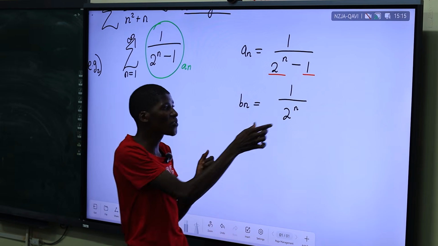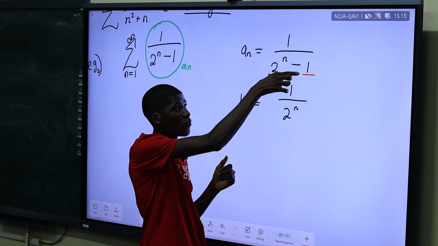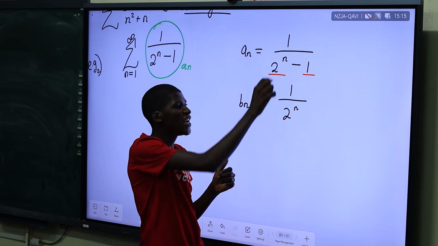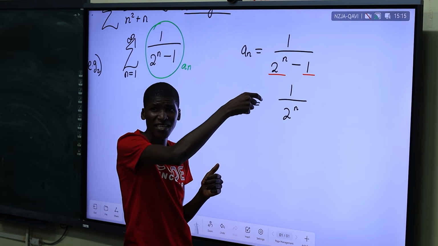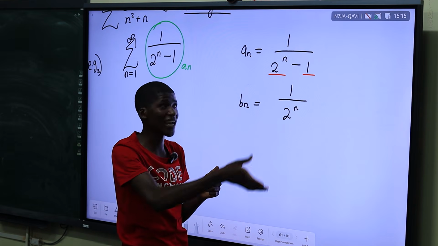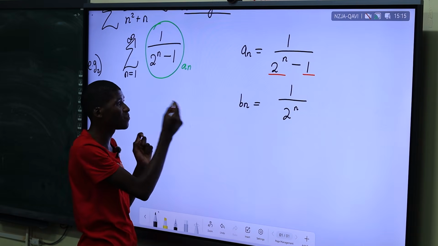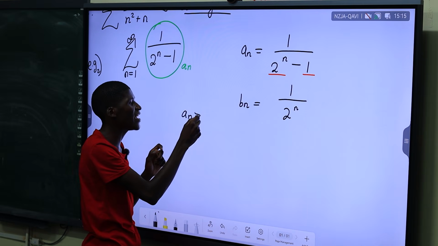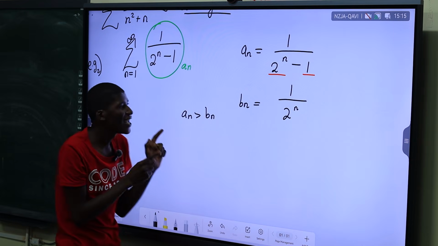So this one will always be the bigger denominator, and this one will always be the smaller denominator. If this is a bigger denominator, then BN, the entire fraction, becomes a smaller fraction than AN. So we can say that our BN is smaller than AN, or we can say our AN is bigger than BN for all values, right?